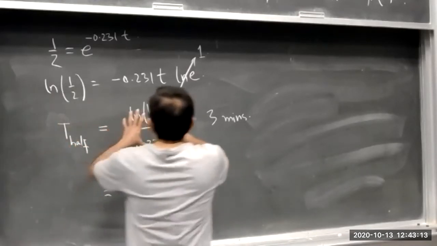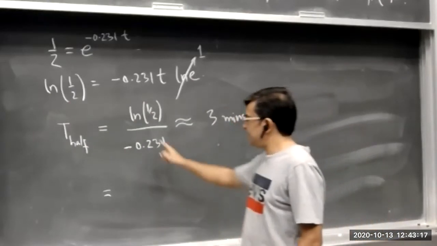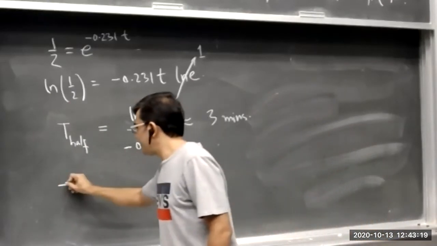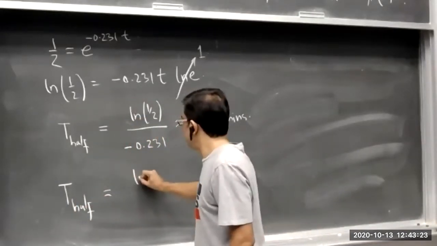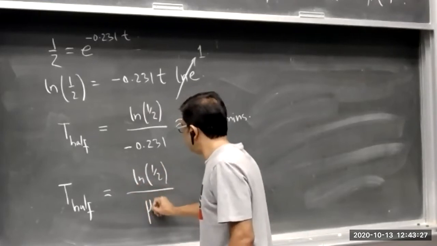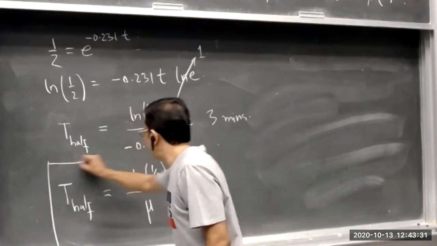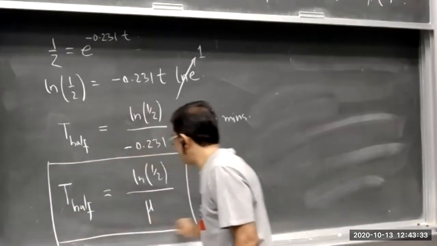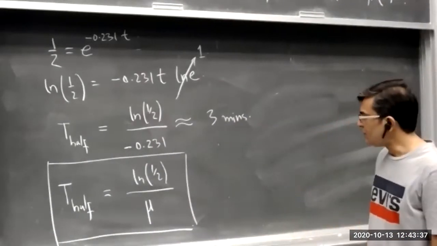So the half-life of that polonium is 3 minutes. Now, what is this? This is your decay rate. The general formula for half-life is what? It is natural log of 1 by 2 divided by the decay rate, mu. This is the general formula to calculate the half-life of any substance.